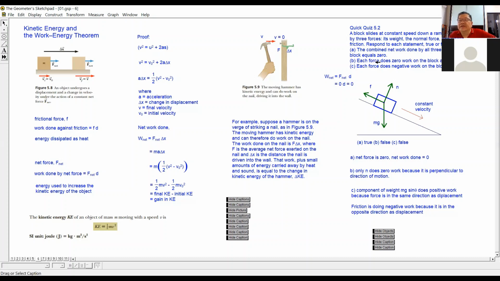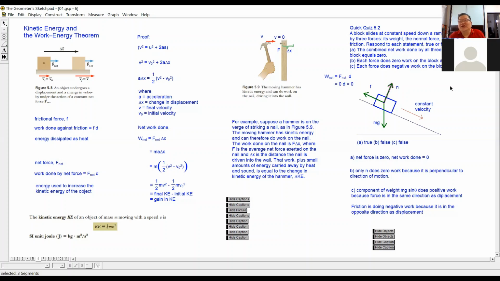The second question: each force does zero work on the block as it slides down. If you look at them individually, they are not all doing zero work. Only one is doing zero work. Who is it? The normal reaction.